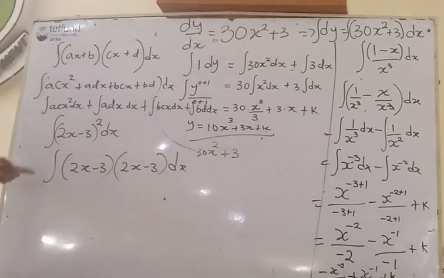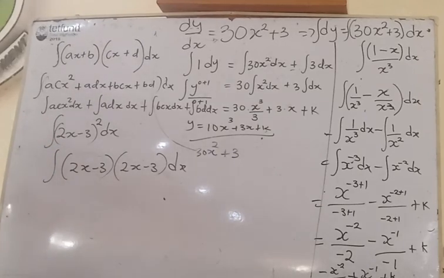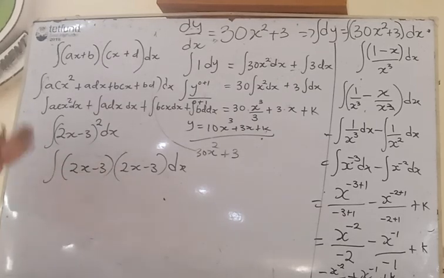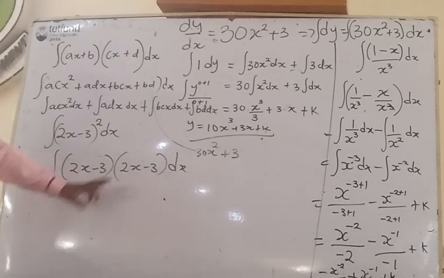So what am I supposed to do next? I will multiply the two out and integrate each one. Do you get the gist now? Multiply these two out and integrate them piecewise, individually.